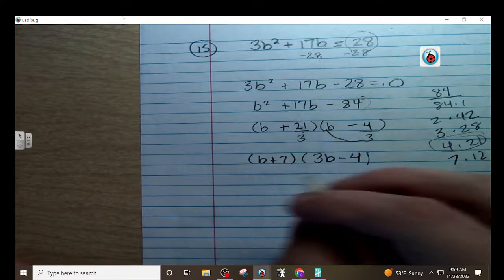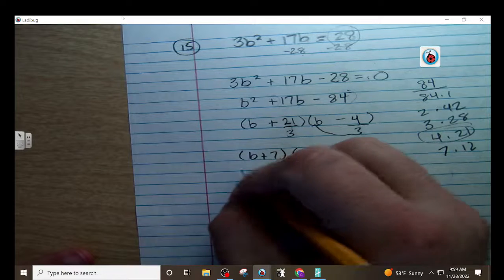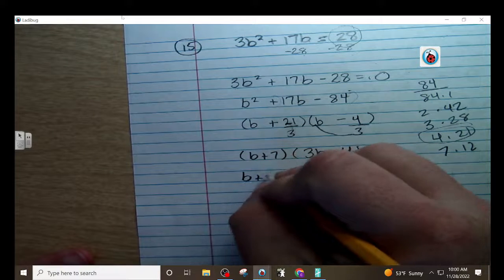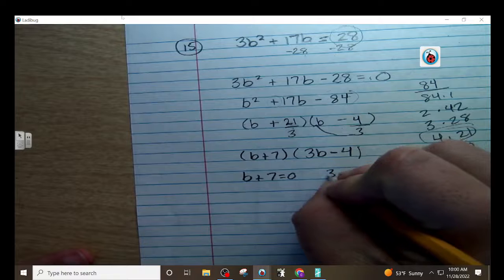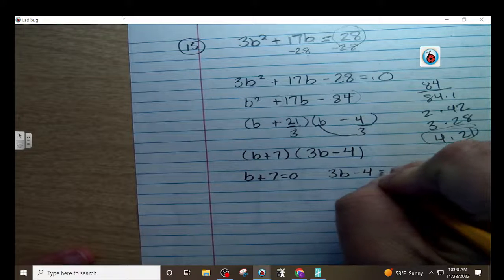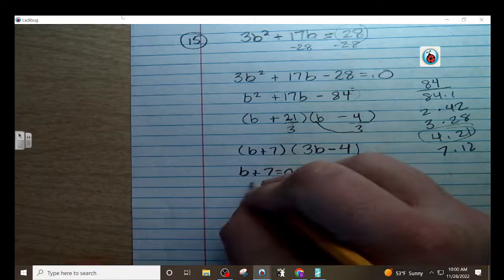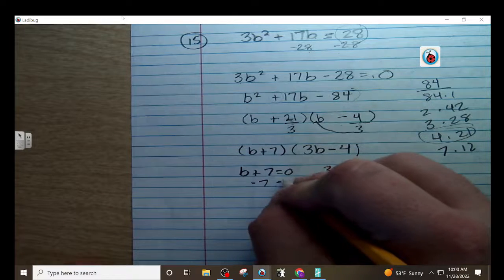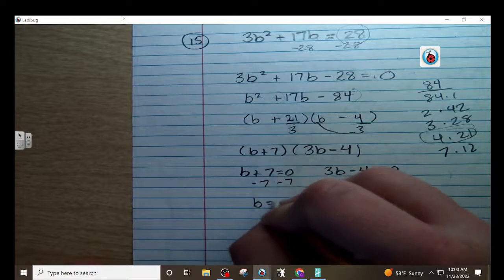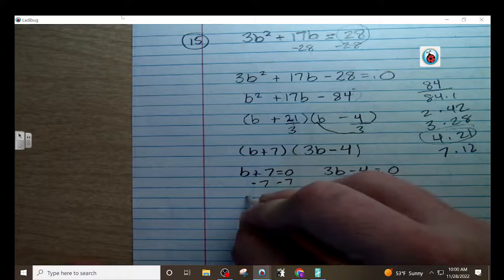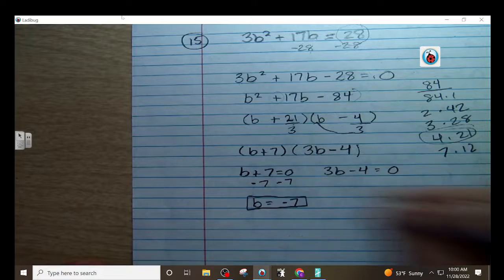All right, and then to get the solutions, all you do is set them equal to 0. So b plus 7 equals 0. 3b minus 4 equals 0. Well, if I subtract 7, that gives me this solution. That gives me that solution.